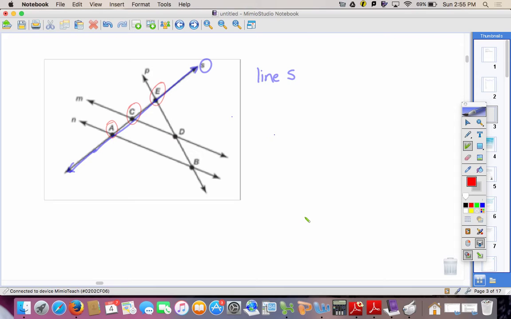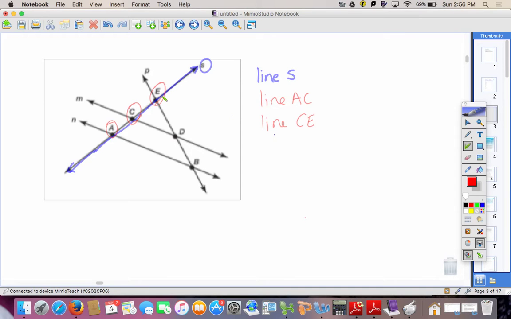Okay, so I can say this is line AC. And because there are no other lines that go through both of those points, that would notate that these are the same line, line S. I could also say this was line CE, right? Because both C and E are also on this line.